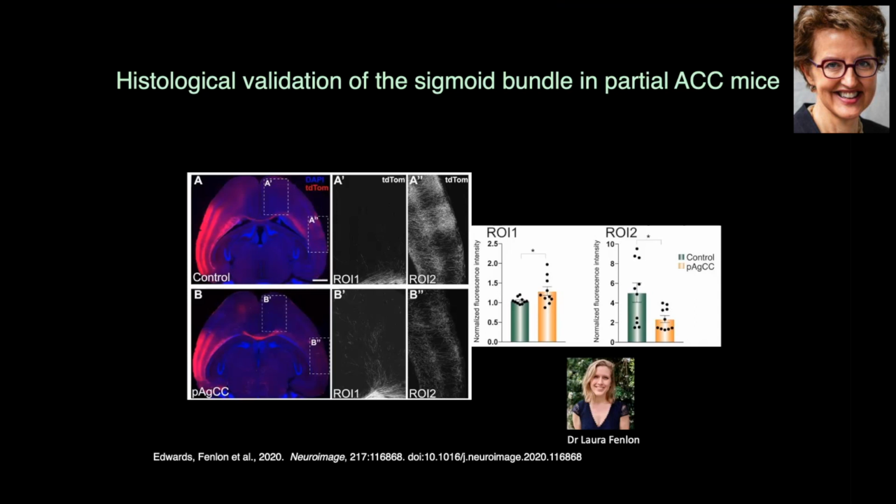And what Laura found was that there's a concomitant decrease here in ROI2 and an increase in ROI1, meaning that some of the axons are actually rerouting into this frontal area for some reason in the animals with partial agenesis of the corpus callosum.